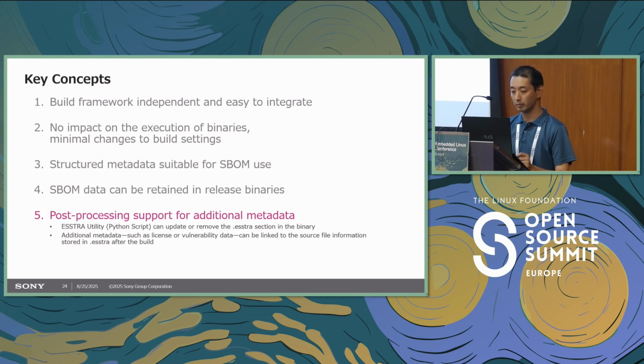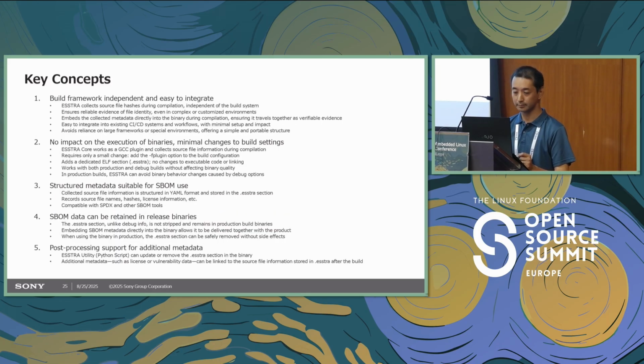You don't need to rebuild the binary. Just run the update command in ESSTRA UTT. This flexibility makes it easier to enrich the metadata based on external sources such as an SPDX or review results.